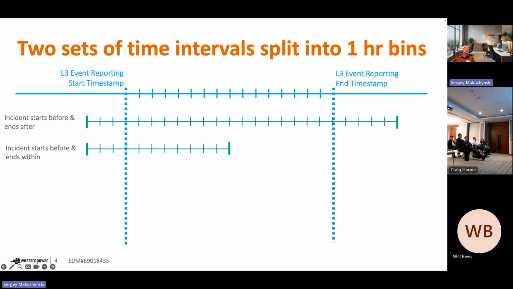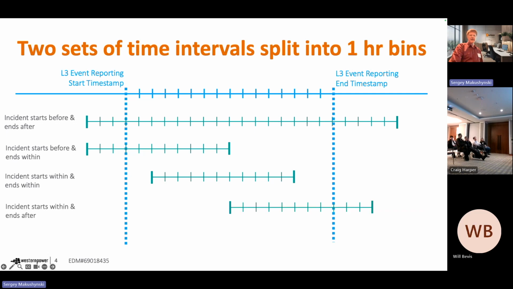We can obviously have an incident that started before the level 3 was called and finished sometime within that time period. We can have an incident that started and finished sometime within the period of the emergency event.